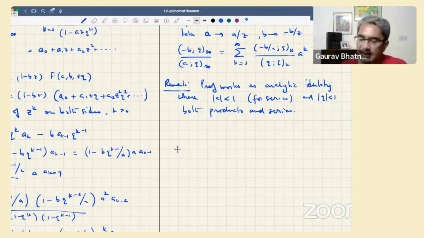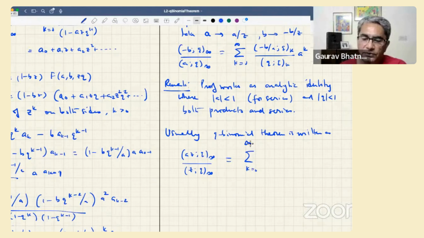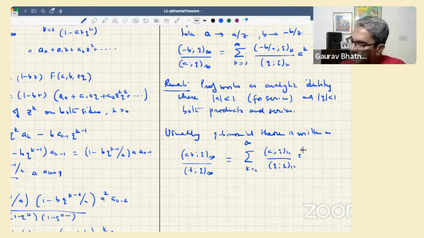Usually the q-binomial theorem is written as (az; q)∞ over (z; q)∞, which is equal to the summation k going from 0 to infinity of (a; q)_k over (q; q)_k, z raised to k. This is for absolute value of z less than 1 and absolute value of q less than 1.